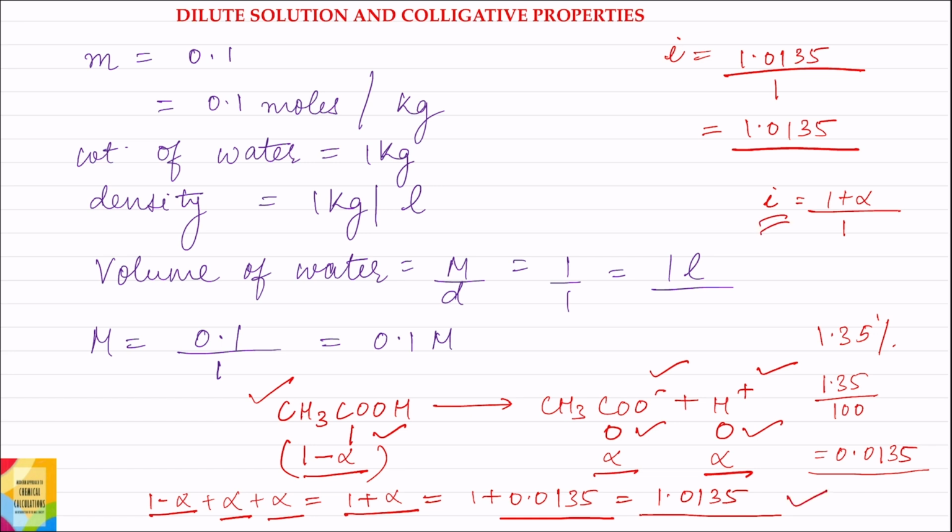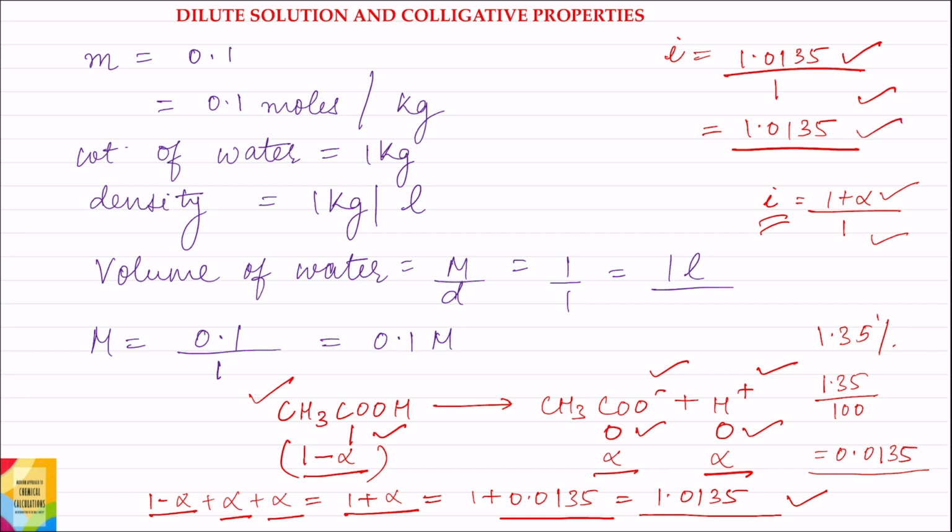Now the value of i is equal to total number of moles after dissociation, that is 1 plus alpha, divided by total number of moles before dissociation. Total number of moles before dissociation is 1. So 1 plus alpha divided by 1 is equal to 1 plus alpha. Therefore, i is equal to 1.0135 divided by 1, and this is equal to 1.0135.